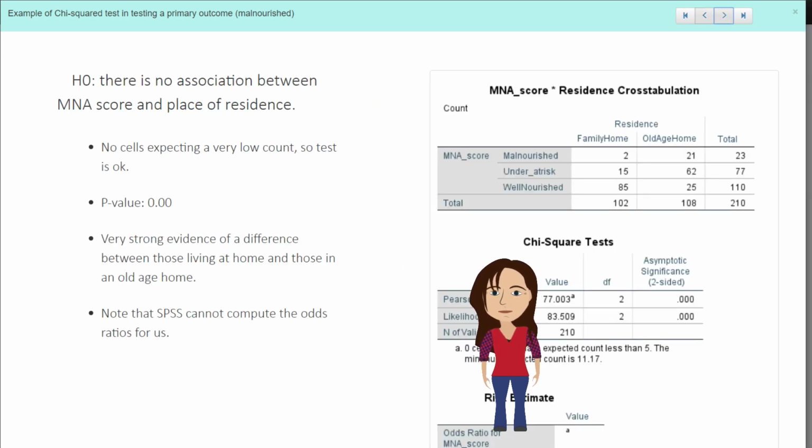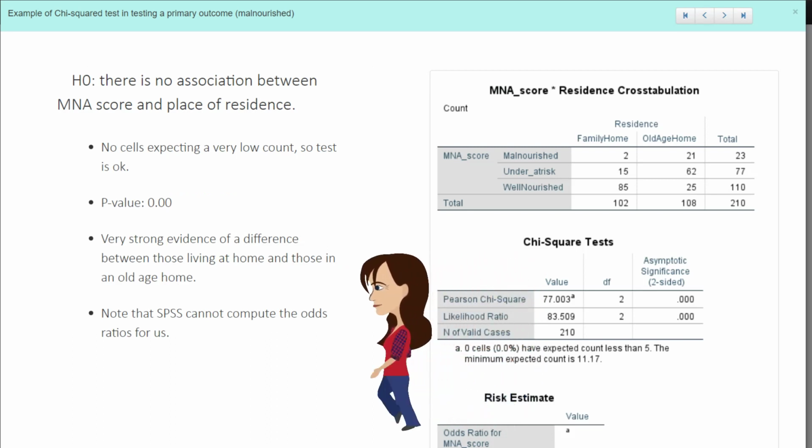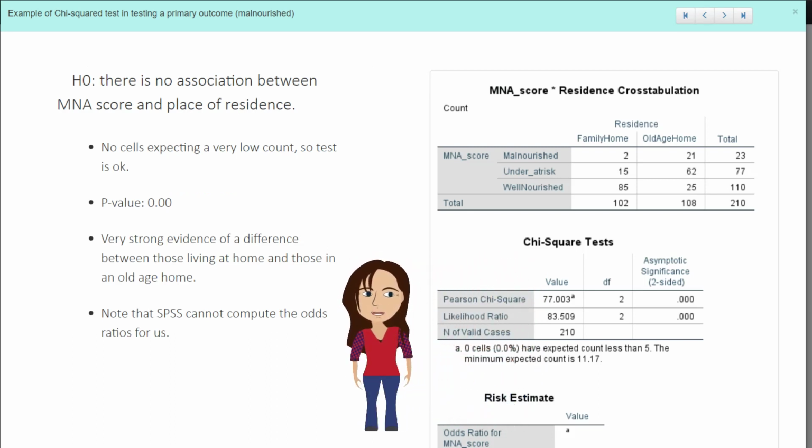So if we have a look at the outcome from this test, and again I'll get out of the way. We have no cells with an expected count less than 5, so that's good. It means we've got enough data and we're not expecting any really low numbers. The p-value is highly significant. That's over here, the asymptotic two-sided significance, 0.000.